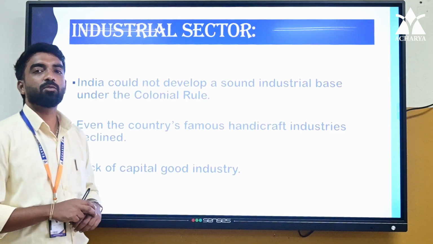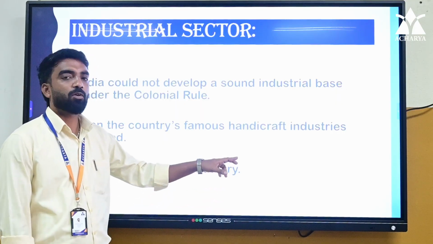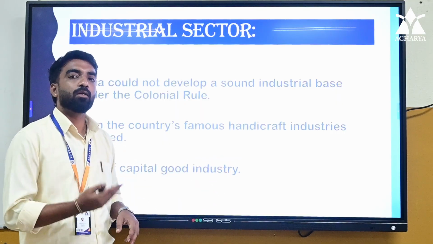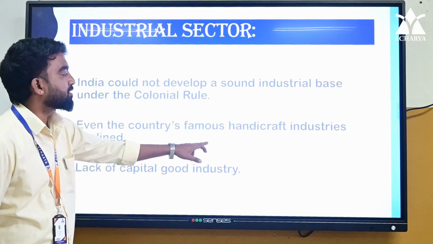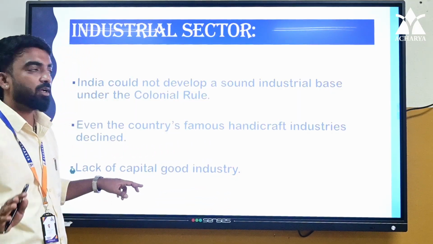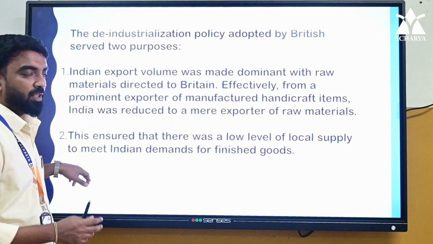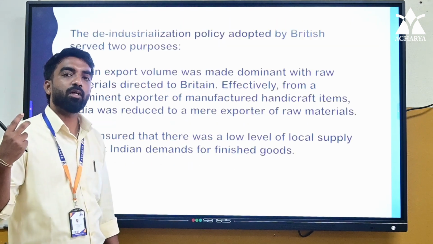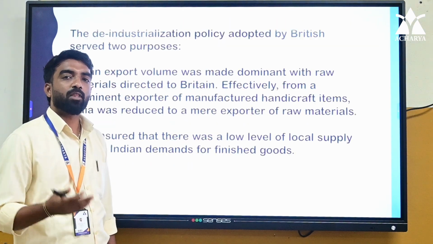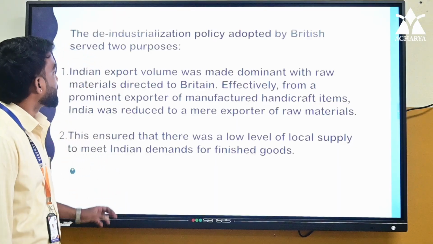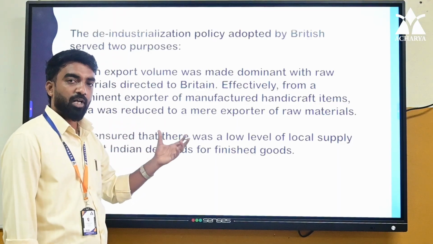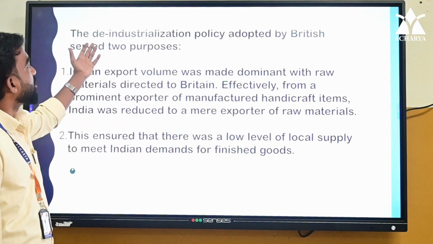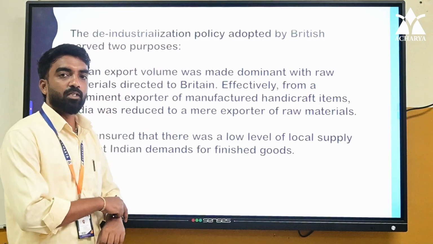There was no capital good industry in India because there was no investment from the British government or no interest to develop the Indian industrial sector. They just exploited our raw materials, took them away, and dumped their finished products into India. This process of the British government in India is called the deindustrialization policy.